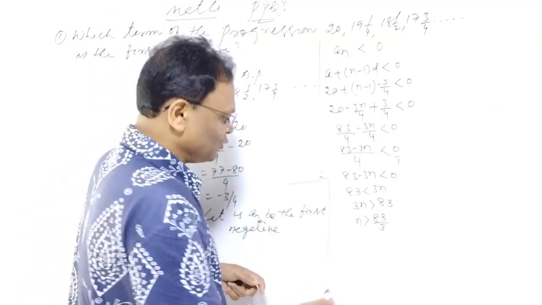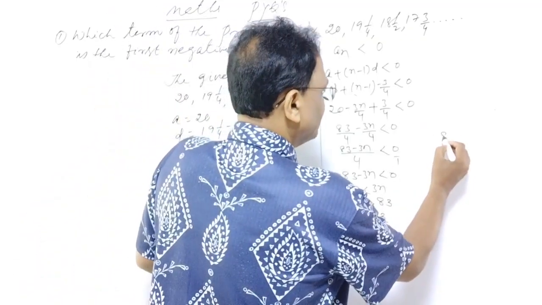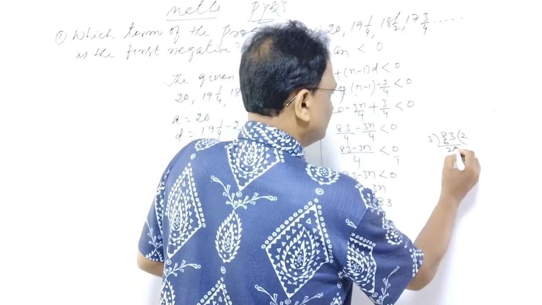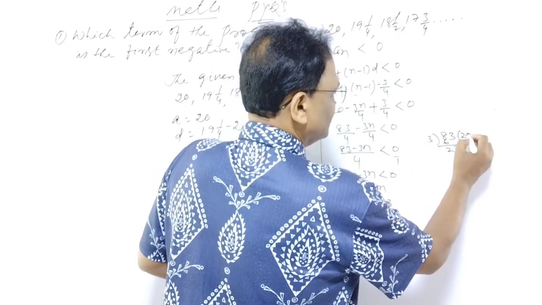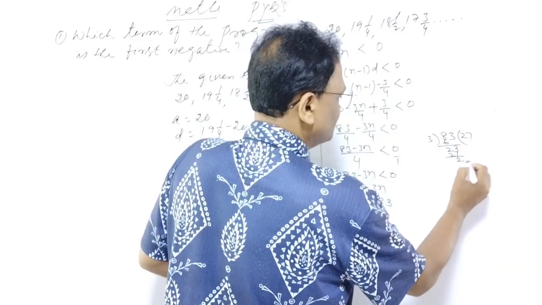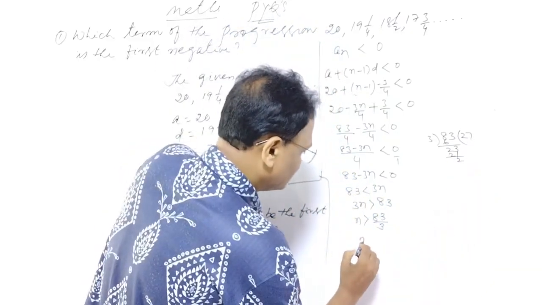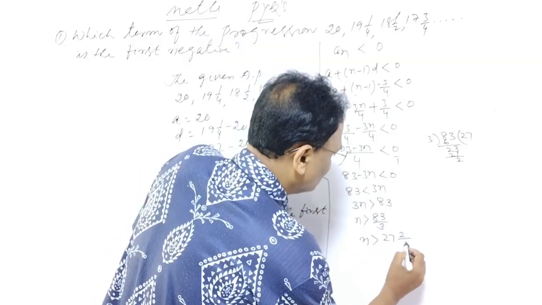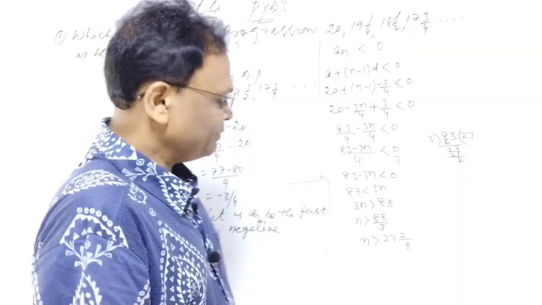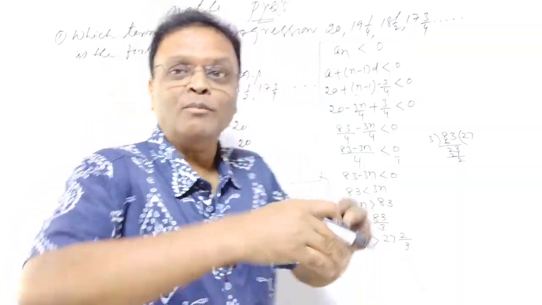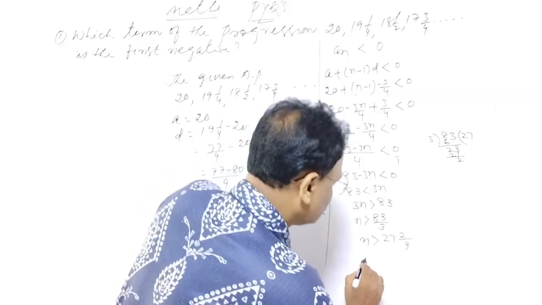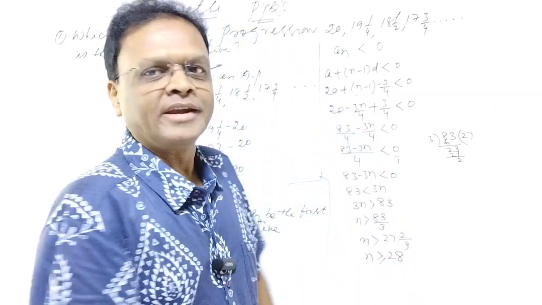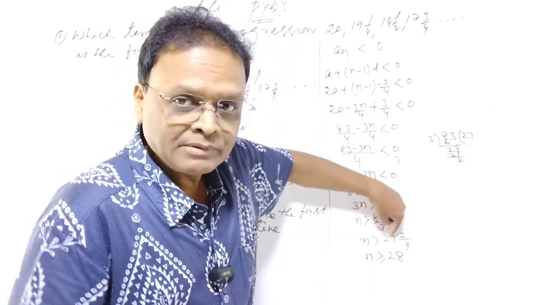If I divide 83 by 3, look at it: 3 times 27 is 81, so what I'm getting is n is greater than 27 2/3. That means the n value would be more than 27, so it must be either greater than or equal to 28, because it is given more than 27.